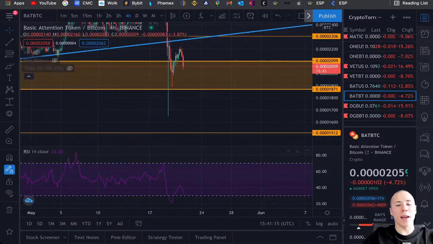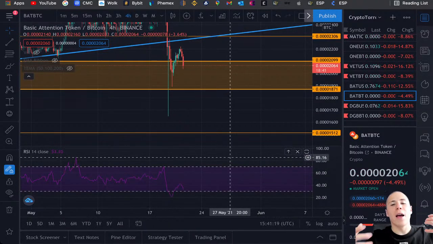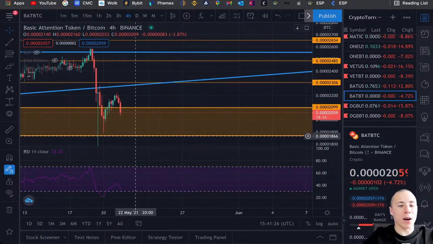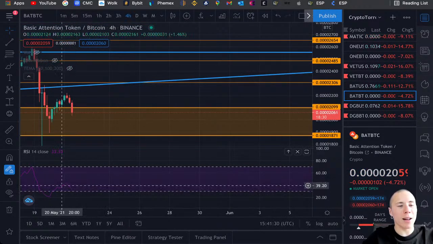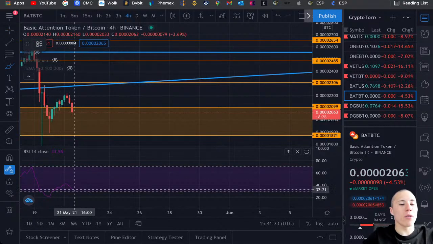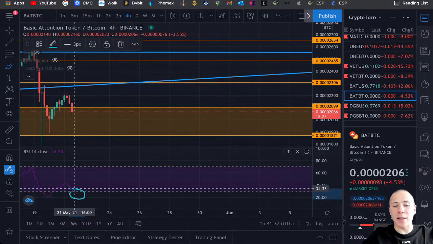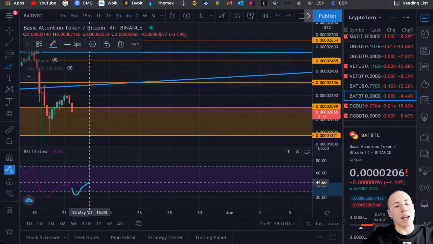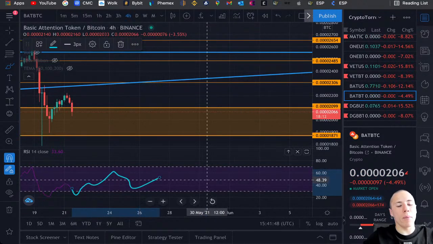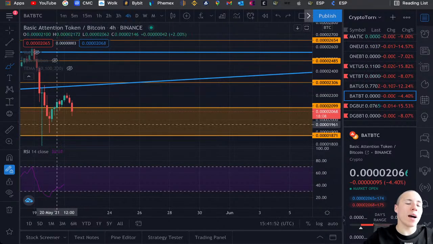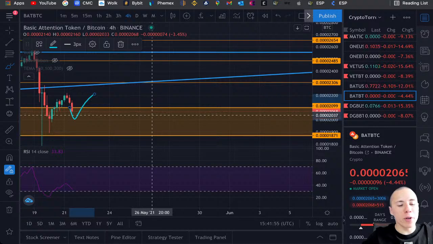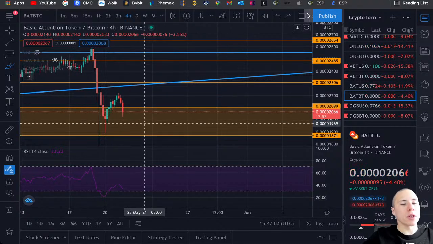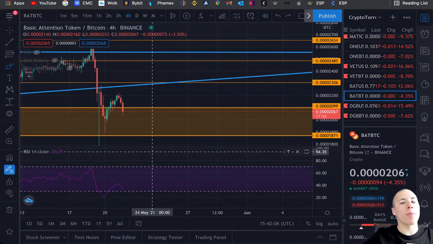And this is right away giving me signals that are, for me personally, very good, because what we are seeing over here is that on the RSI, we are already almost underneath the dotted line, telling us that we are oversold on basic attention token, but it will also mean that we will see a recovery of the RSI entering once again inside of the purple area, and if it does so, the price action of basic attention will follow, and we will see that W structure being created, and I am very pumped to wait and see how this will play itself out.